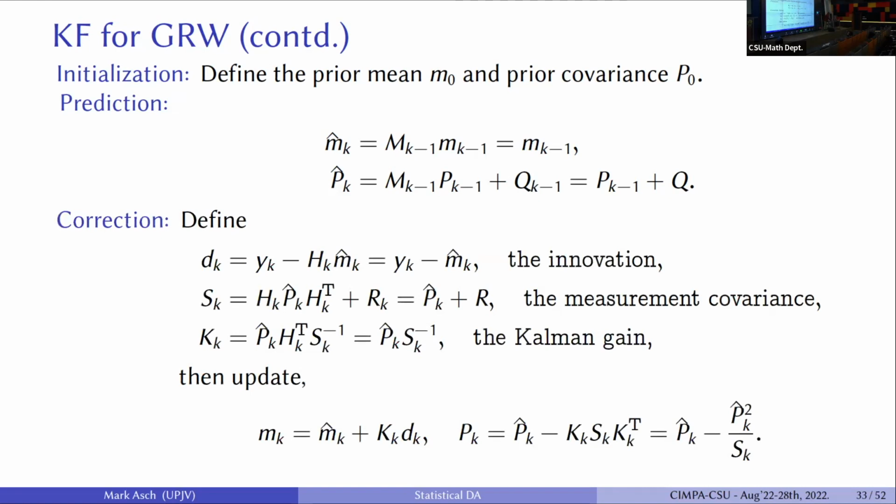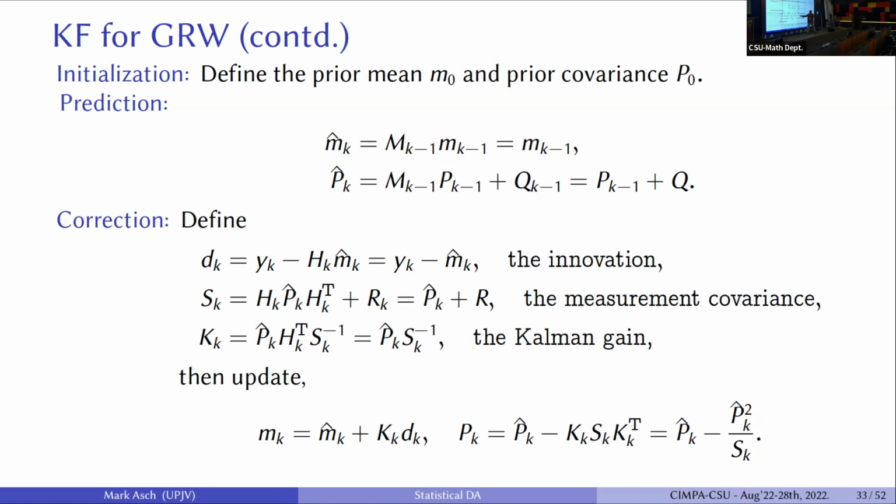Now I have to do the correction, or the analysis. I have my measurement y_k, and I calculate its error, d_k. H equals 1 in my case also, so d_k is just y_k minus m_k hat. Then I calculate the denominator of the Kalman update.